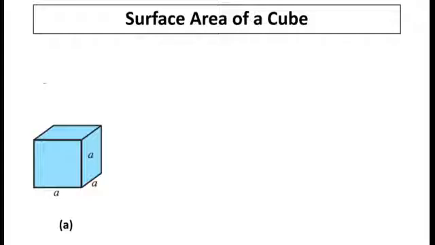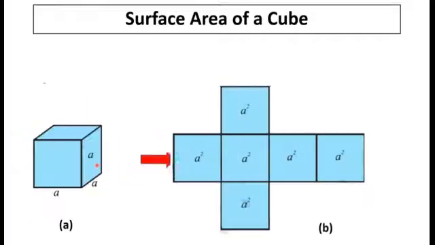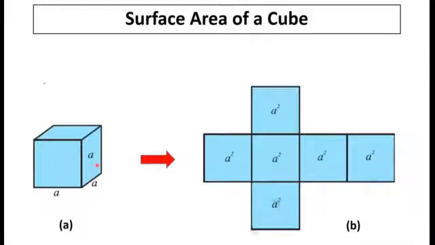This cube is having its side A, so all its sides are A. When this cube is spread out, this is having 6 surfaces as shown in figure B. So each surface of a cube will be a square and area of this square will be a square.